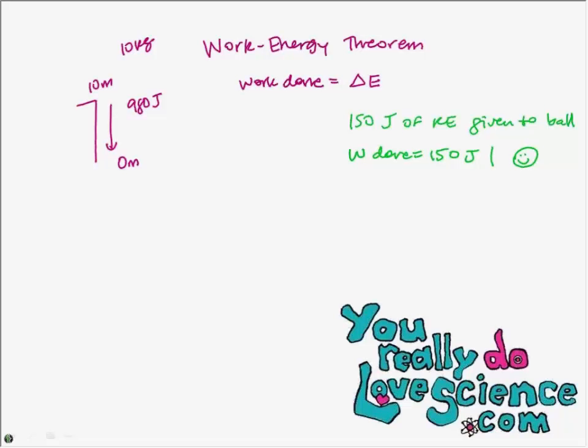Because you gave it 150 joules of kinetic energy, you must have done 150 joules of work to change the ball's energy by 150 joules. Okay. So this is a really easy, quick equation, and sometimes on problems this will save you a lot of time.